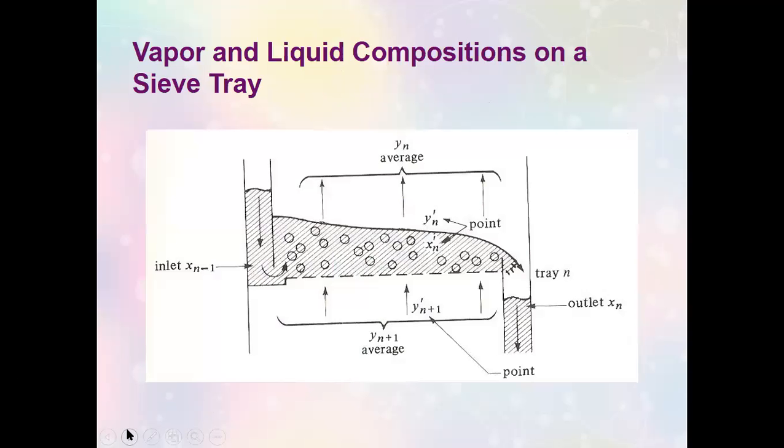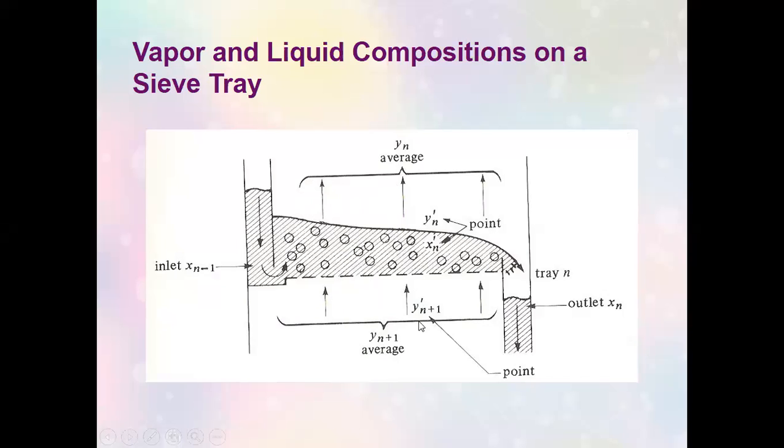Now, how do we represent this in terms of an actual illustration? If these are vapors leaving your tray, your Murphree tray efficiency takes the average of these vapor concentrations. This was also taking the average of the vapor concentrations entering a tray.